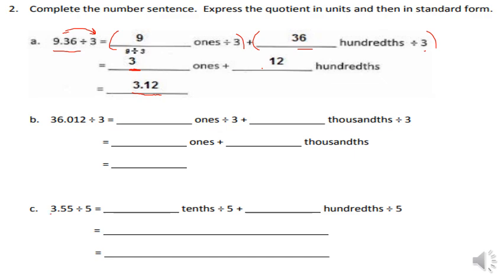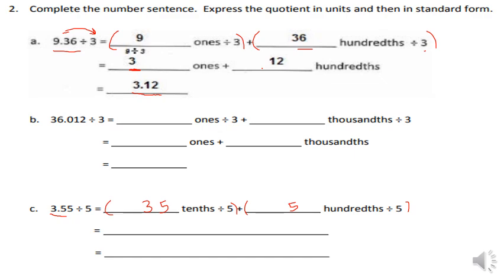Come down below here on C, it says 3 and 55 hundredths divided by 5. So it says over here tenths divided by 5. So I know if I read tenths, I can go 35 tenths plus we have 5 hundredths. But you know they're doing a distributive property and they're dividing it.